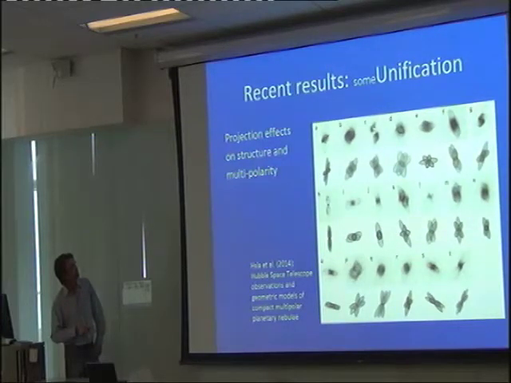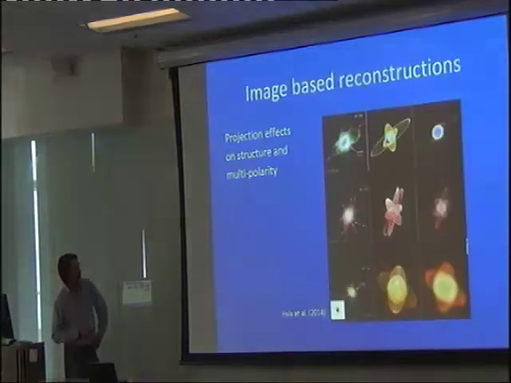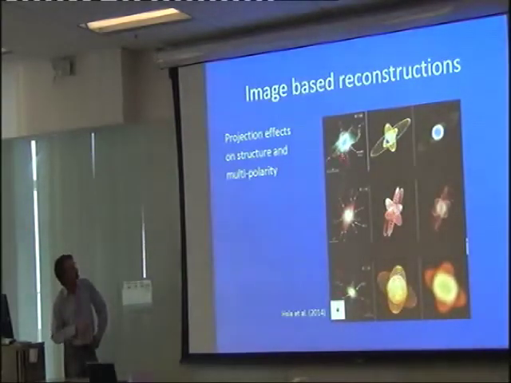They're not identical in all of them, but very similar, and many of the structures can be reproduced. Obviously not all of them are exactly what we are seeing, but it makes clear that you can be fooled by the projection effects. Projection effects are very important, and that's what we want to resolve. There are other examples, very nicely reproduced, based mainly on the images.